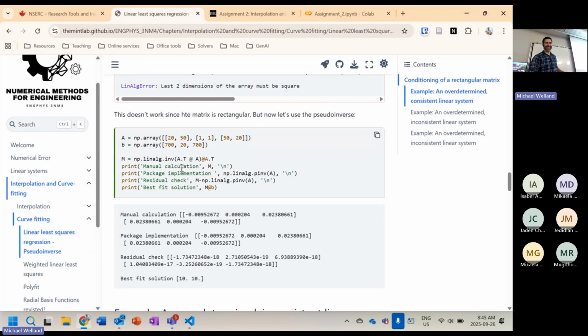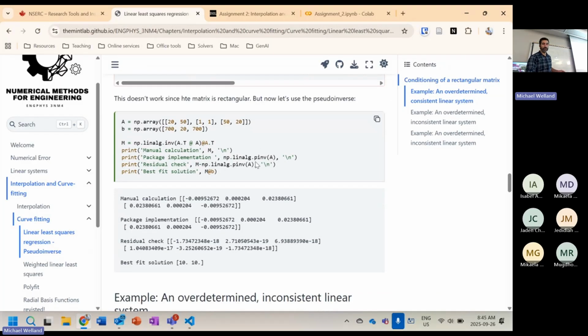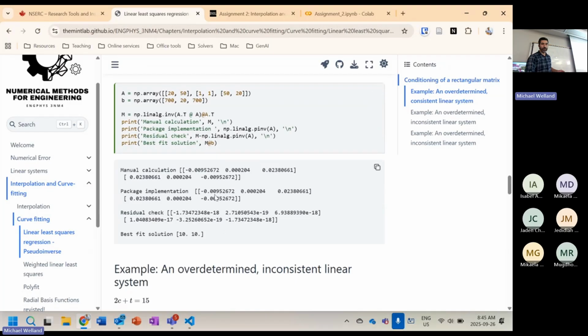I love that. So this is matrix product, right? So for A, you do the inverse because that's square, that's kosher, and then you apply that to the transpose of A again. And if you spit it out, the manual calculation is this, doesn't mean anything.